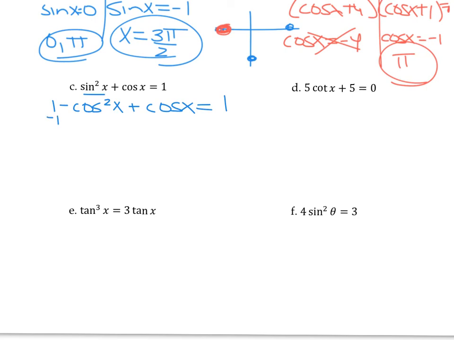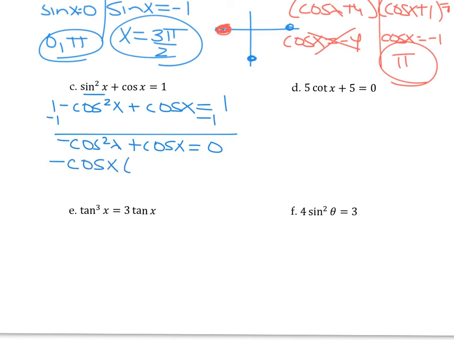If I subtract 1 on both sides, I have negative cosine squared x plus cosine equals 0. So now I can factor out a negative cosine x. So I'm left with cosine x minus 1. Split up my factors. Negative cosine equals 0, which is the same thing as cosine equals 0. And cosine x minus 1 is cosine x equals 1.